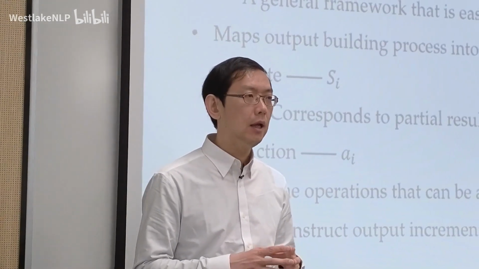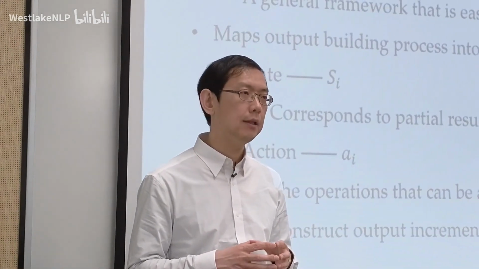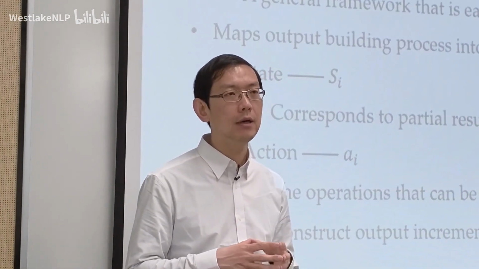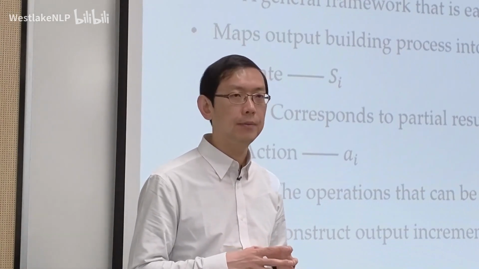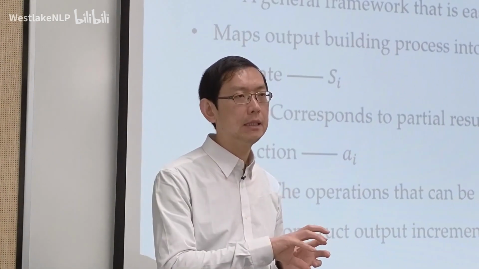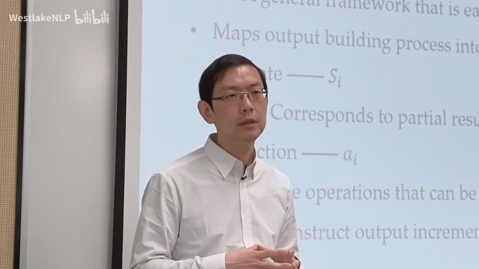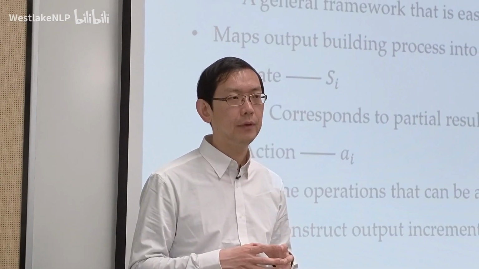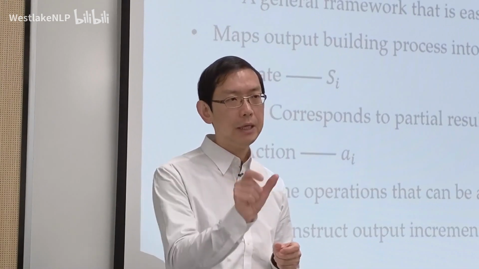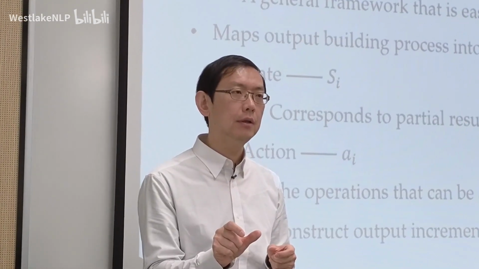We treat the output building process as a state transition process, where the state refers to a state in a finite state automata or finite state transducer. Okay. The actions which transit state from one to another are incremental output building actions. If you think about sequence labeling, it might be an action to add a label on a particular input incrementally.